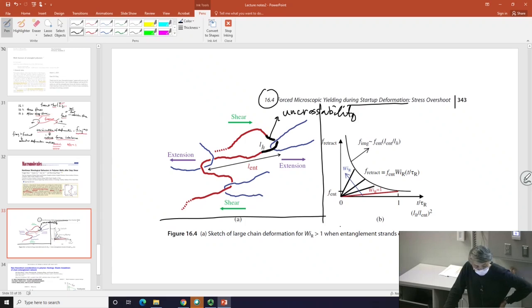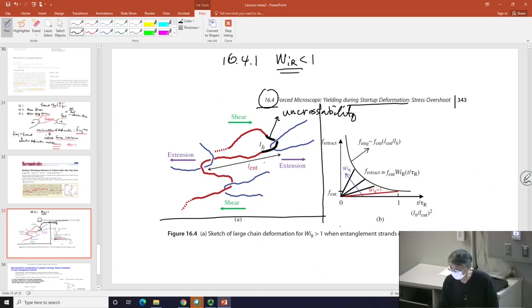So in this part, there were again two components. Sorry, there is a part of this startup that involves relatively small or relatively slow deformation, the so-called Rouse-Weissenberg number smaller than 1.